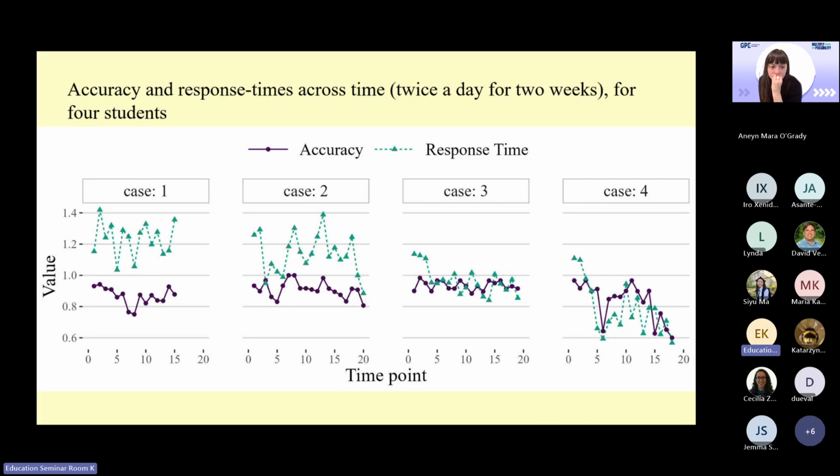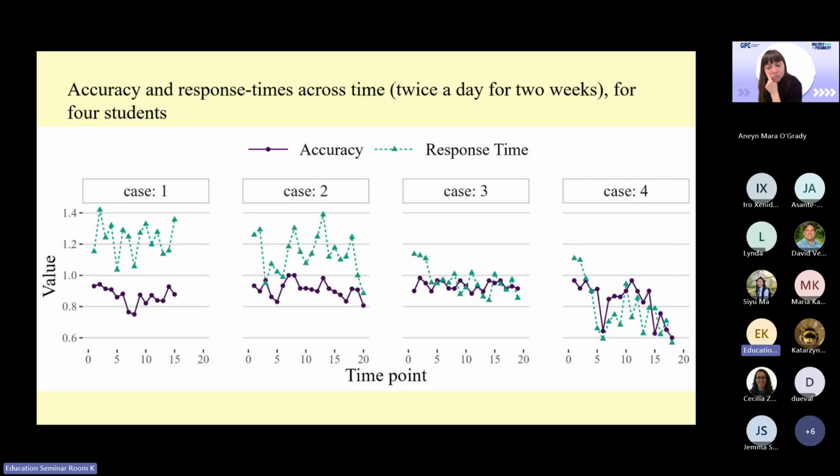So we have the response times in green that fluctuate from one situation to the next, and then we have the correctness of the tasks in black underneath. The scaling goes from 0.55 to 1, and the response times range from as short as half a second, 0.6 seconds or so, up to about 1.5 seconds.